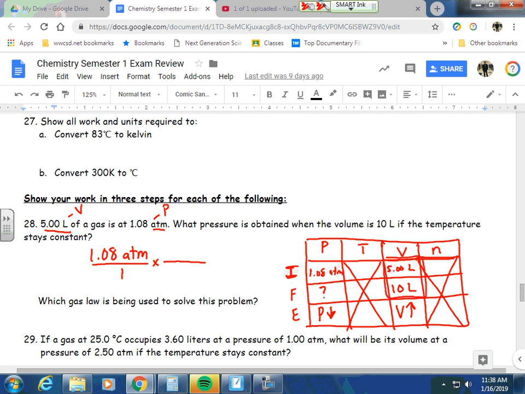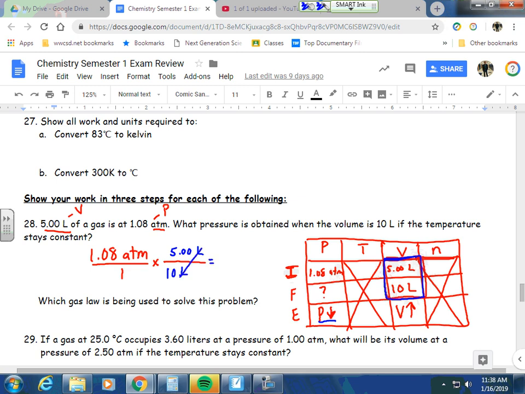And I'm either going to leave it like it is, 5 over 10, or flip it upside down, 10 over 5. Well, I know the pressure should become less. So if it should go down, I should put the lower number on top. So in this case, I'm going to put 5.00 liters on top, and 10 liters on the bottom.